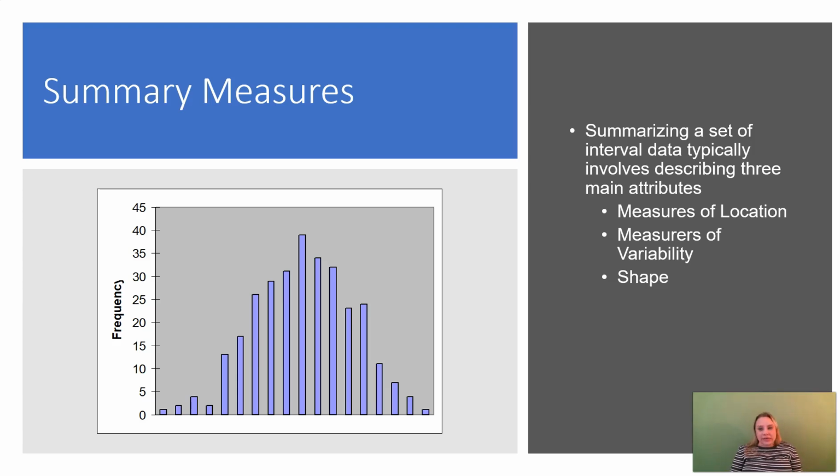When we're summarizing our data, summary measures allow you to take that set of data and typically look at three main attributes. You discuss your central tendency, how dispersed or spread out your data points are, or what the shape of that data looks like.